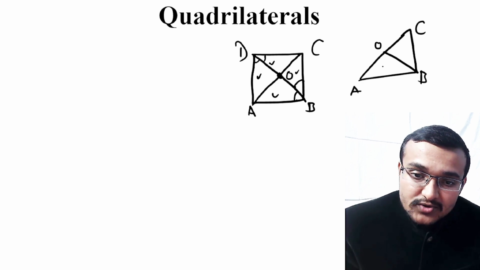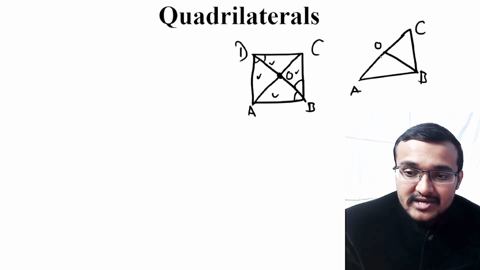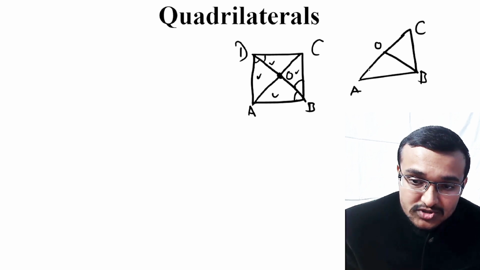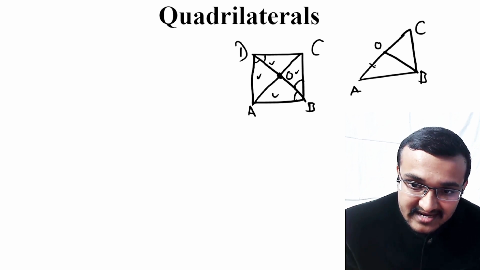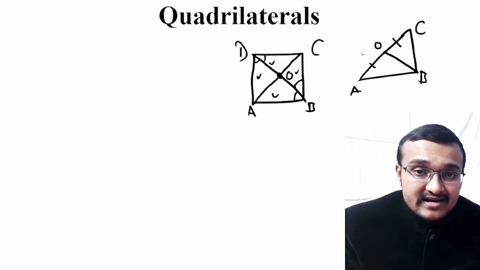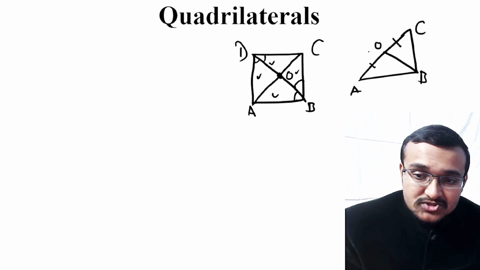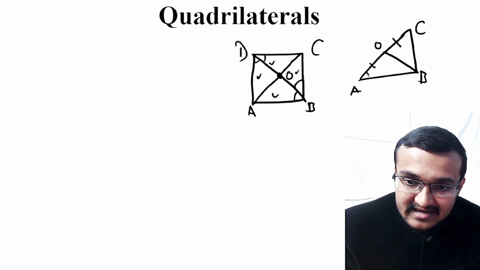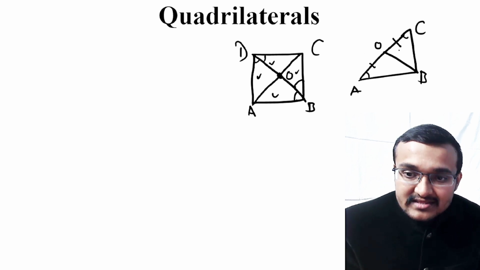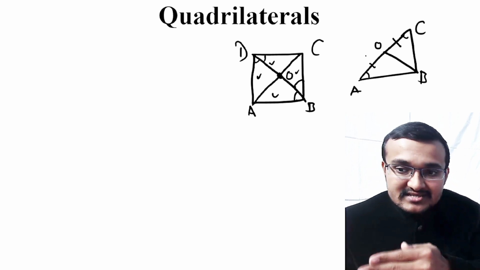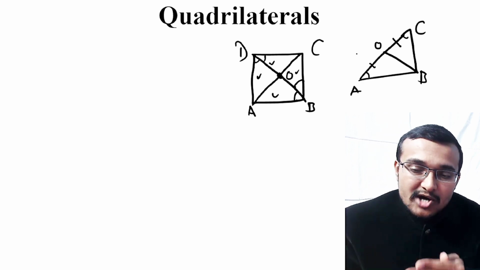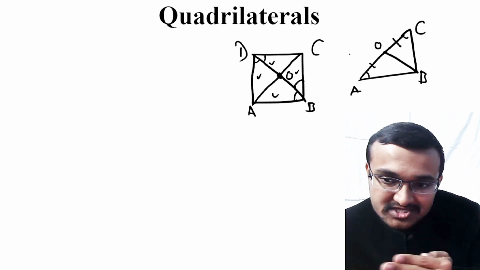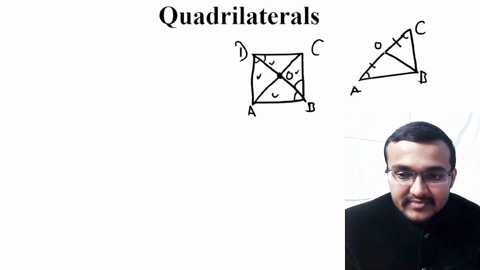So now you can consider these two triangles, AOB and BOC. Here we know that this particular side will be equal to this side because diagonals bisect each other in a square. So since ABCD is a square, AO is equal to OC. And this particular angle is equal to this particular angle, which we have already proved, because CAB is equal to ACB, or in this case you can take OCB is equal to OAB.